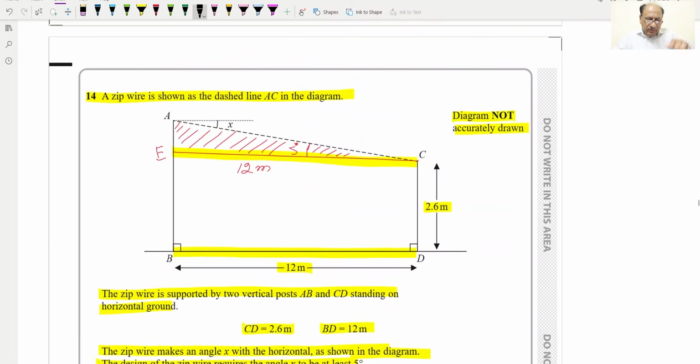Now AE is which length? AE is basically this much length, which is 1.05 meters, and this lower length we know is 2.6 meters. So what will the total length be?